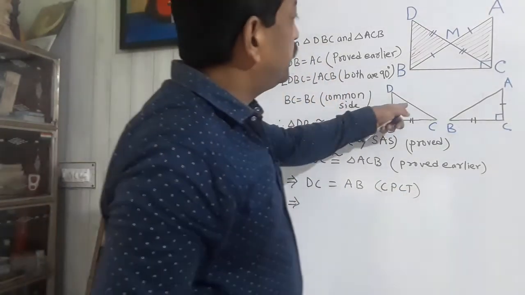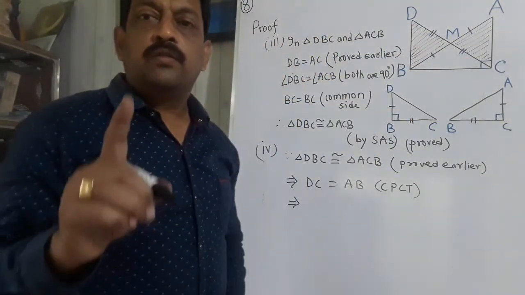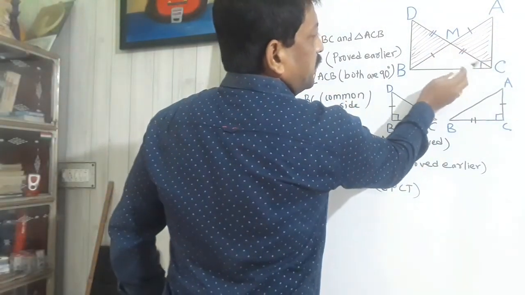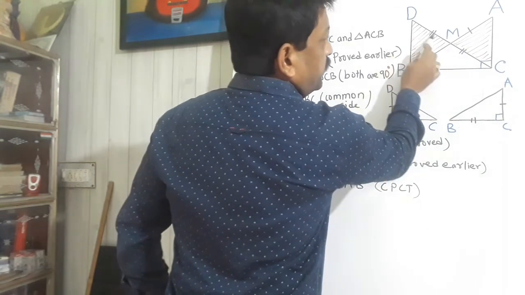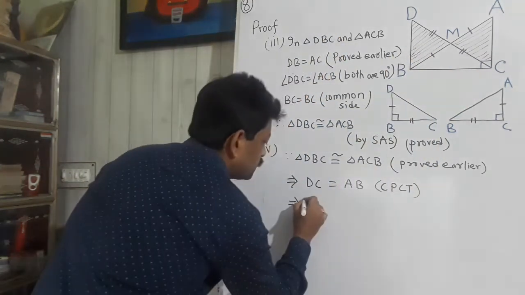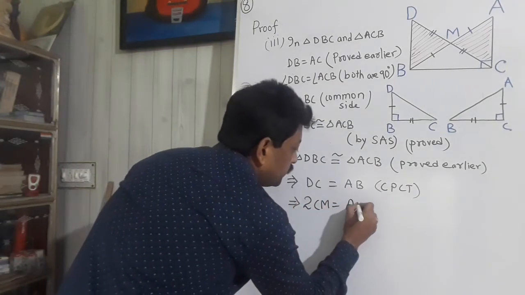Now in place of DC, we can write twice CM, because it is given in the question that CM and DM are equal. So twice CM is equals to AB.